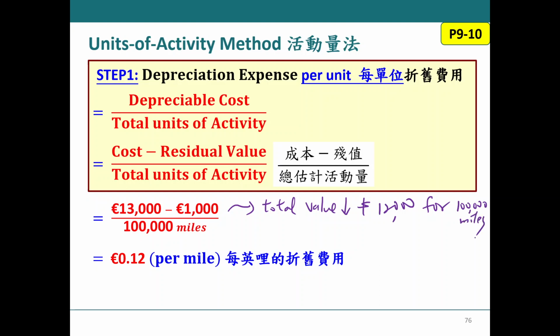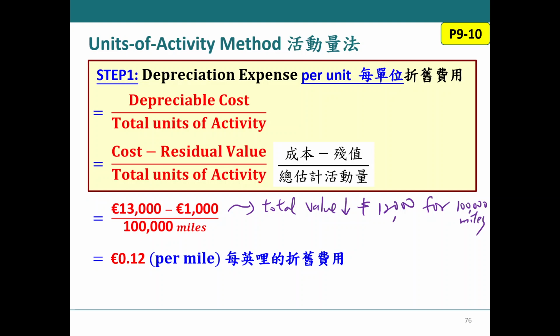So that's why we divide by our useful life based on unit. Total unit we are going to use is 100,000 miles. So based on this, I know per unit is $0.12. After I got 0.12 per unit, I know what does it mean.